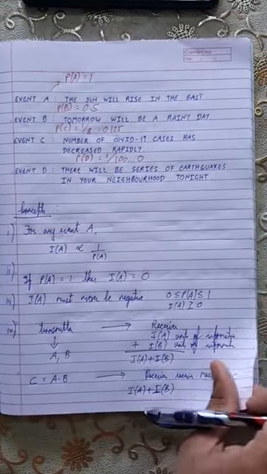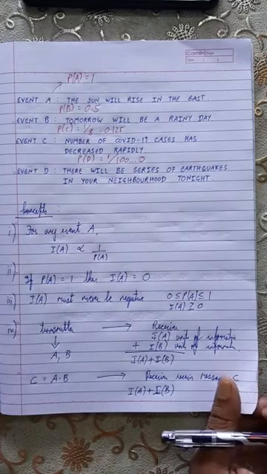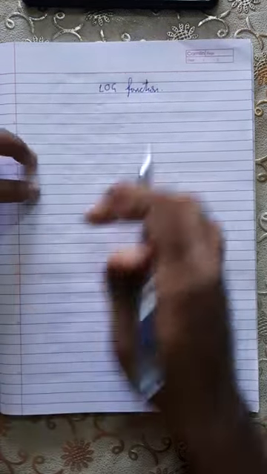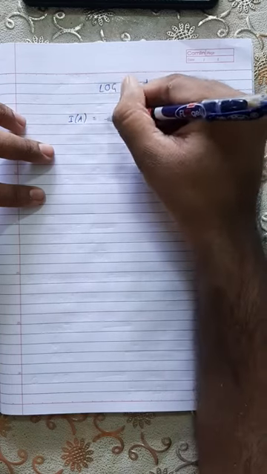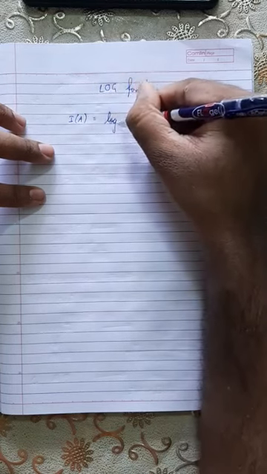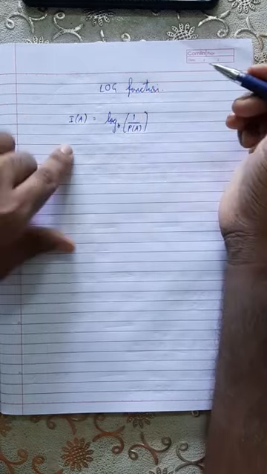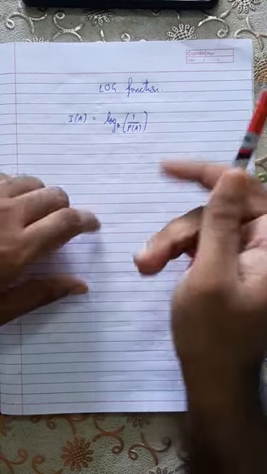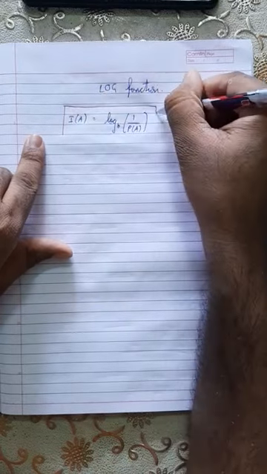Or in other words, by satisfying all these conditions, I can say that the information of an event or the information of a message is given by log of 1 by P of A. The information about an event is given by log of 1 by P of A. This is the first equation you are going to study in this subject.